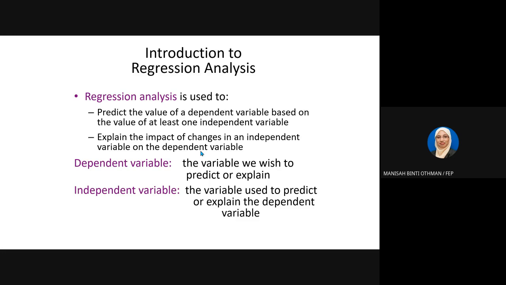The dependent variable is the variable that you want to predict, or the variable that you wish to explain. The independent variable is the item that you use to predict or explain the dependent variable. Example, right?